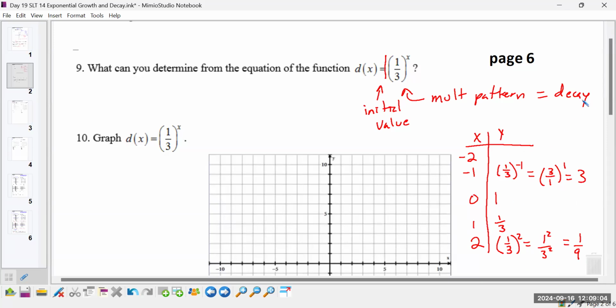I'm kind of out of space here, so I'll do the -2 over here. If I have 1/3 to the -2 power, that's like 3/1 squared. Again, I take the reciprocal, then I square 3/1, which is the same thing as squaring 3, and we get 9. So go ahead, take a moment, jot down the arithmetic, pause the video if you need to, and graph the points.